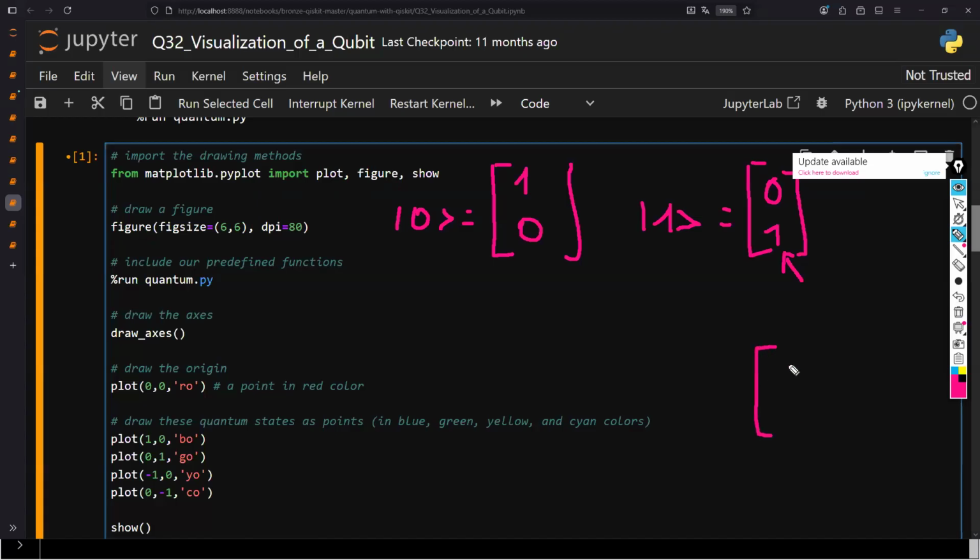So what I can also do is this: -1, and then I have a -1 as the first entry, right? And this will be minus cat 1 and minus cat 0.